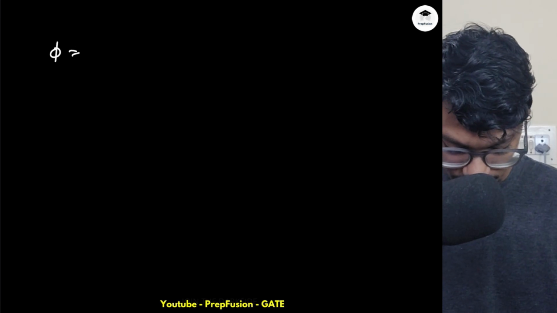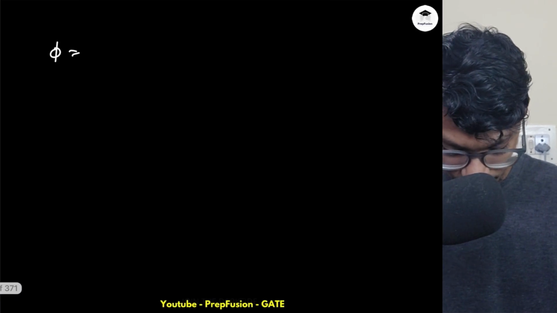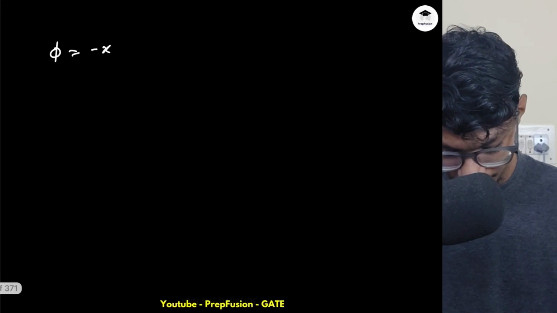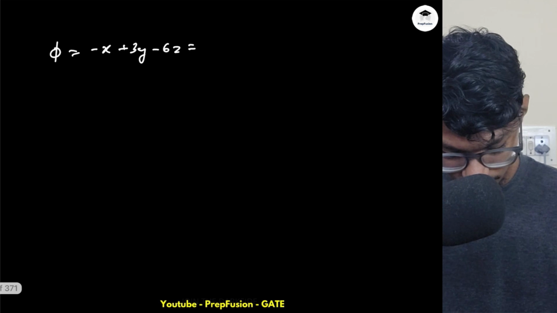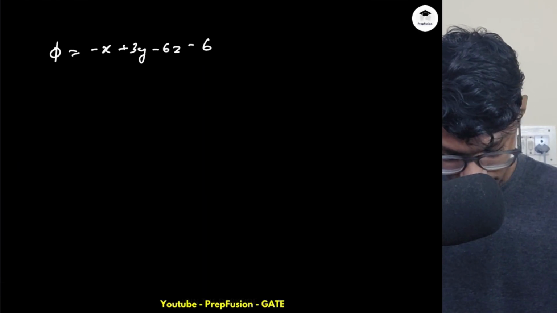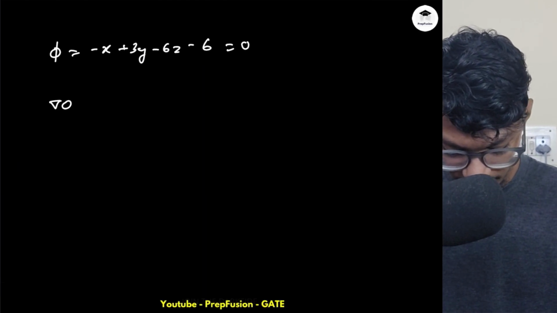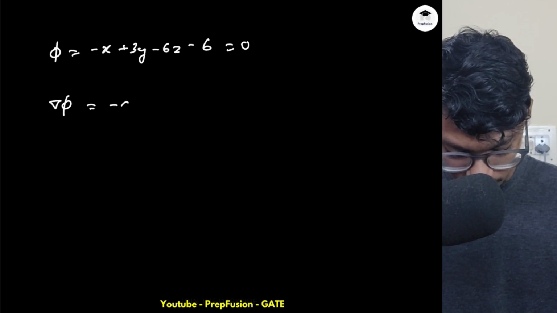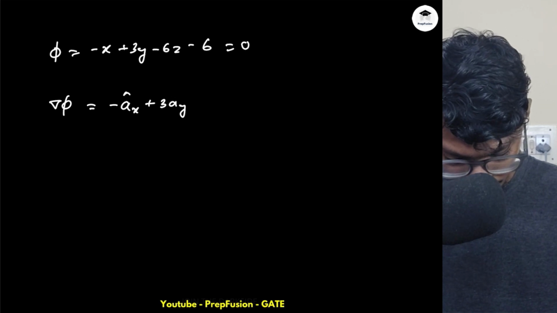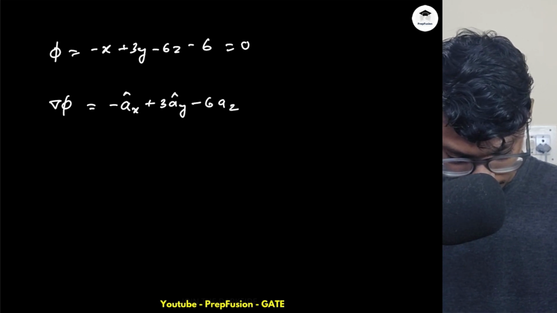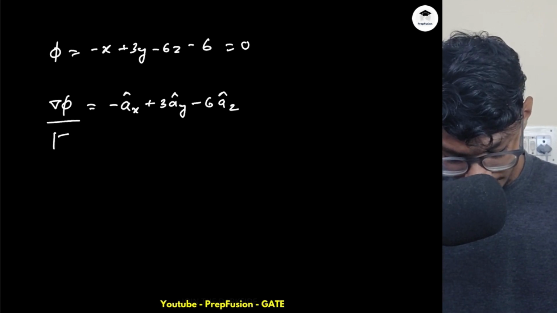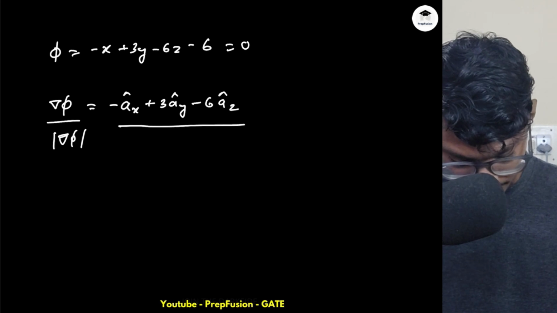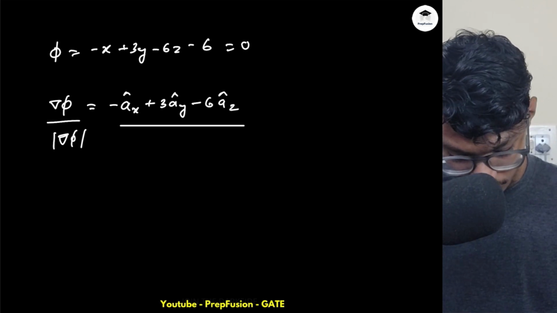So phi is equal to minus x plus 3y minus 6z minus 6 equal to 0. So I will do del phi. Del phi will be minus ax cap plus 3 ay cap minus 6 az cap, and obviously I have to divide by the magnitude of this as well to get a unit vector.